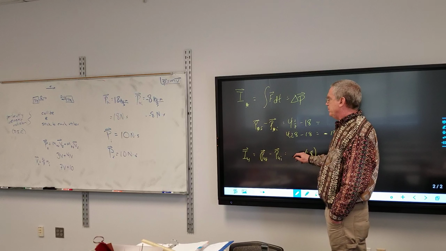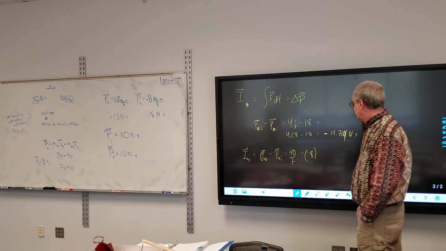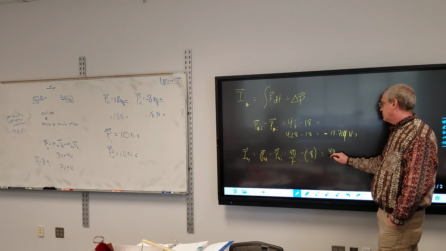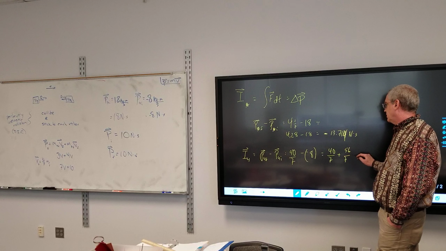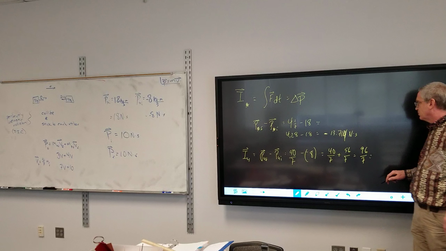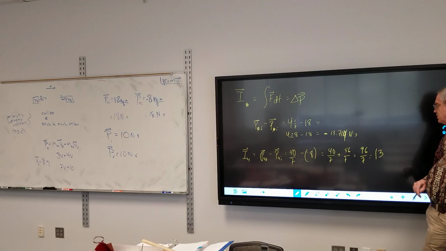And my final would be 47, so that's 47 plus 56/7, which is 96/7, which is 13 point.